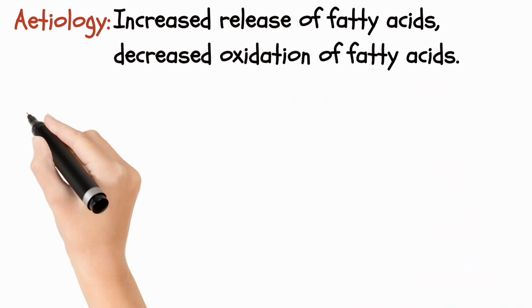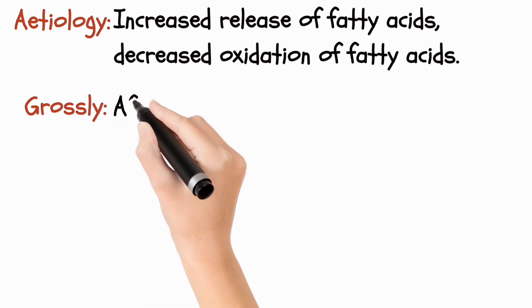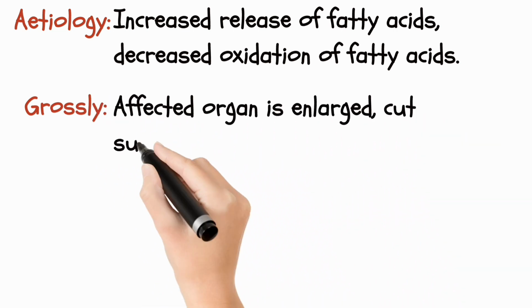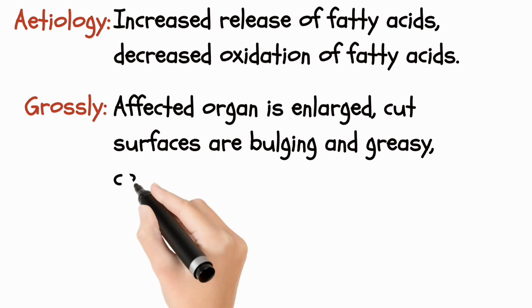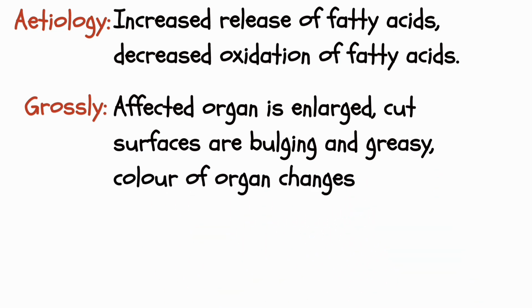Grossly, the affected organ is enlarged and cut surfaces are bulging and greasy. The color of the organ changes, and the color will depend on the natural color of the fat of the species of animal and amount of fat present. So it is white in cats, yellow in cattle, and orange in horses.